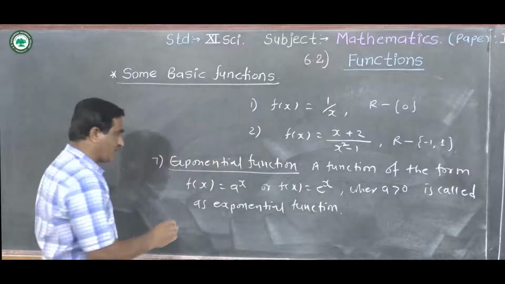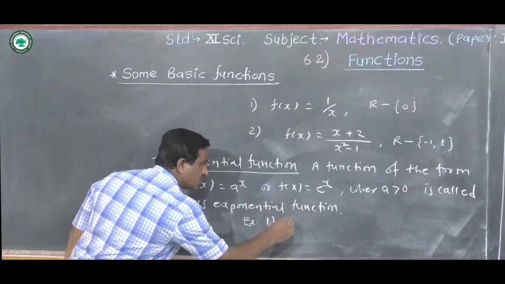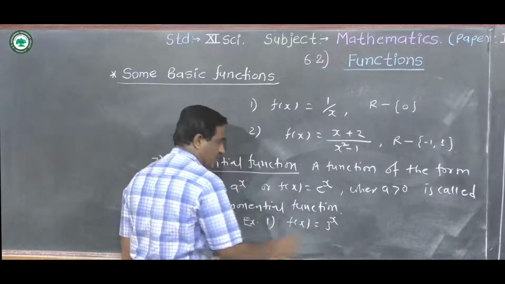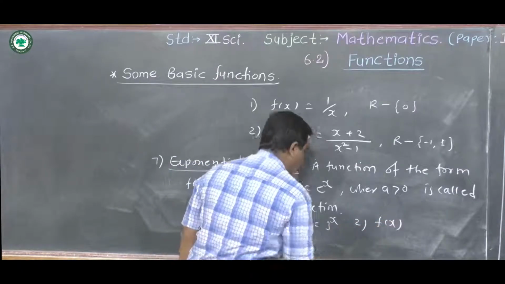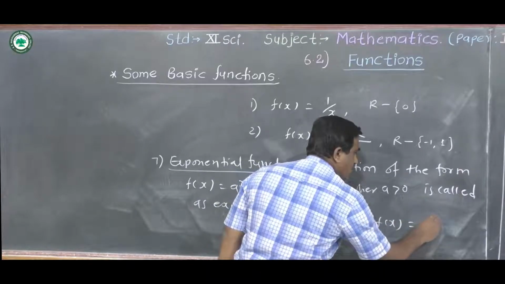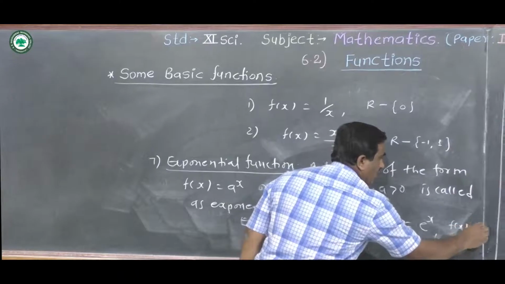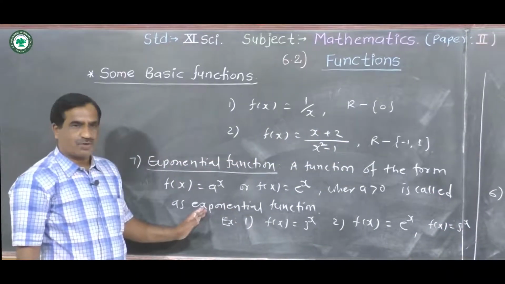For examples, number first, f of x is equal to 3 raised to x. Number second, f of x is equal to e raised to x, f of x is equal to 5 raised to x. All these are exponential functions.